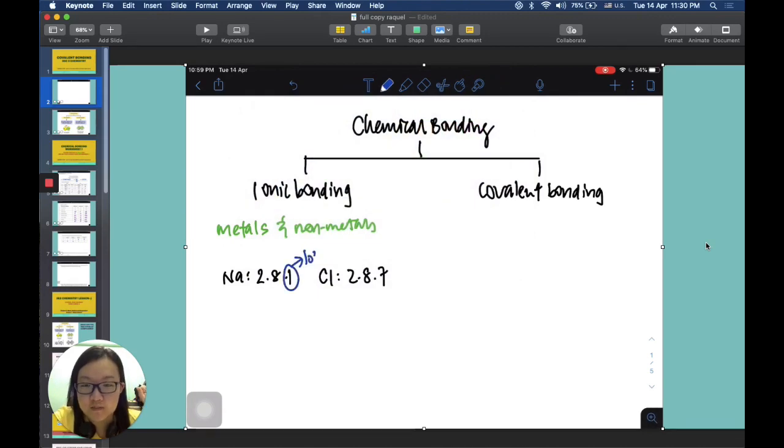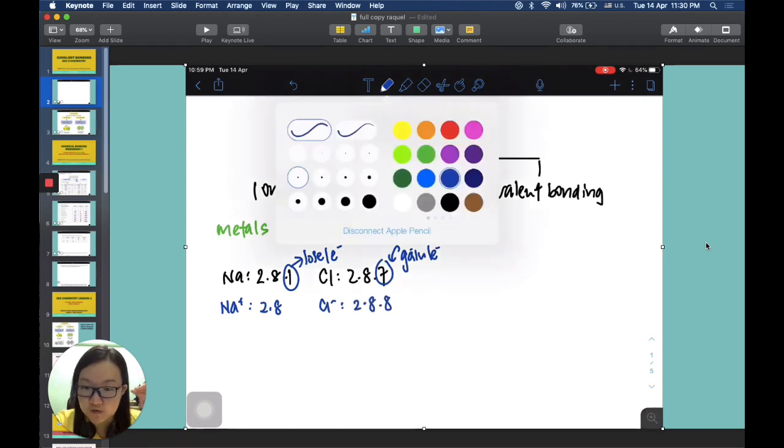For metals, we look at sodium. Sodium being 2.8.1 will lose that one valence electron, whereas chlorine, which is a non-metal, will gain the one electron from sodium. What's the motivation again? Because they want to form the stable octet electronic configuration.